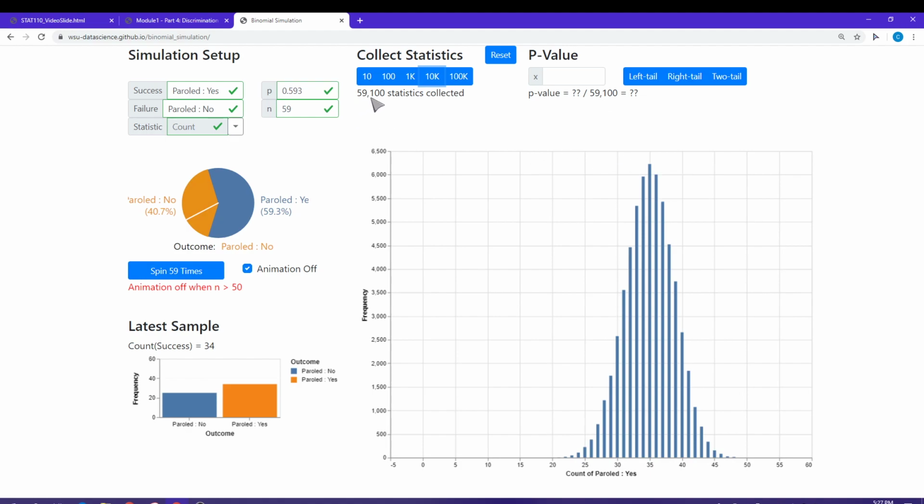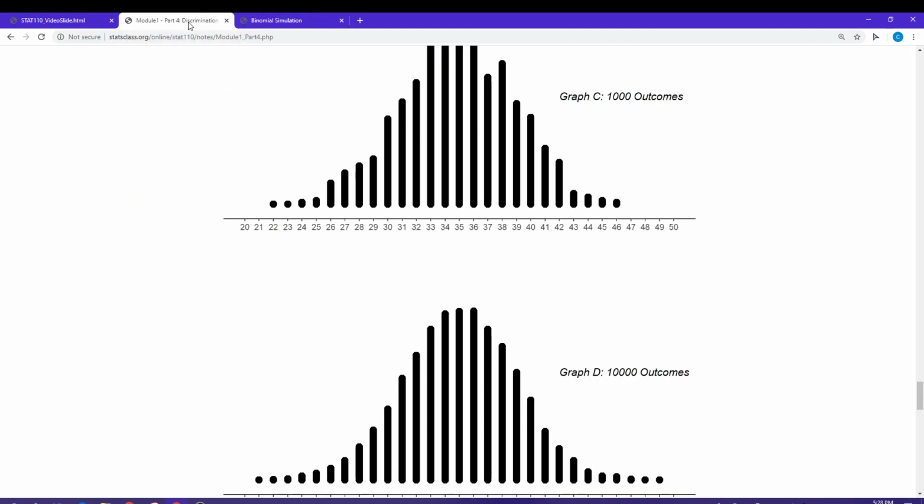Out of the 59,000 statistics, about 6,000 of them are at 35. So what we mean by the expected outcome is the outcome that's going to occur most often if you allow this to run in the long term, over many, many repeated trials. So we can start using the right side of this simulation app to collect many, many statistics.